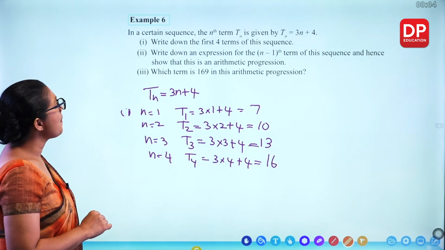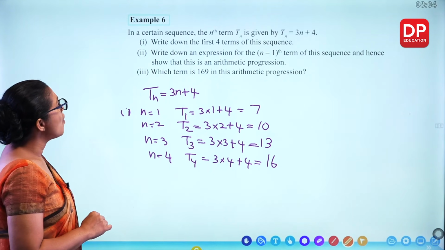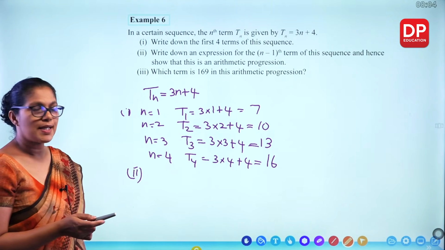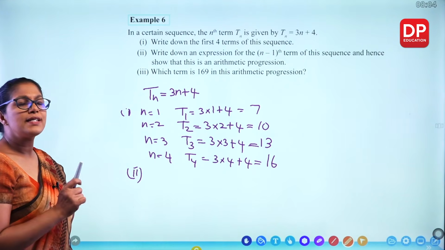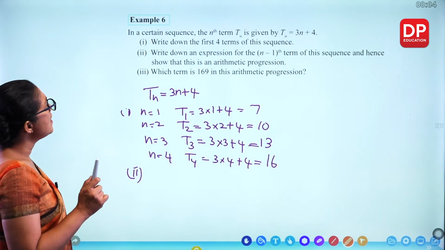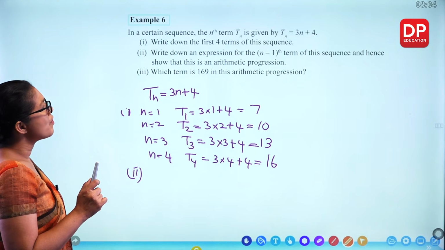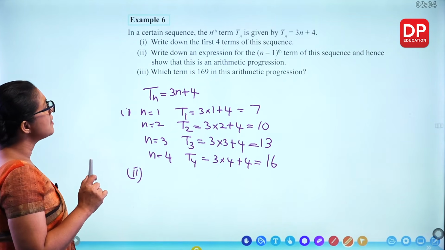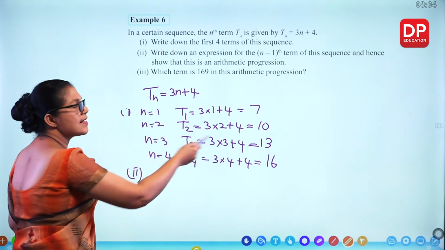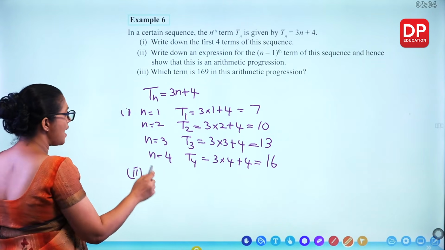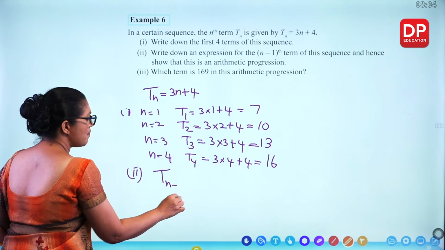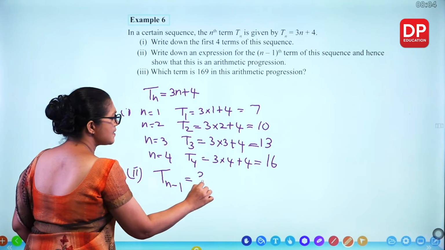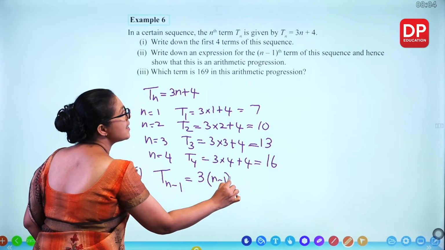Then the next one: write down an expression for the n minus 1th term. So instead of n, now it is n minus 1, and hence show that this is an arithmetic progression. How can we show that? We can see the common difference. So T n minus 1: instead of n, we plug in n minus 1.